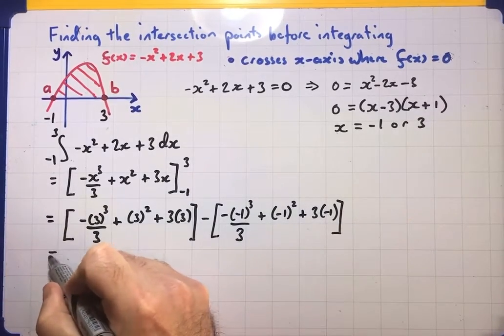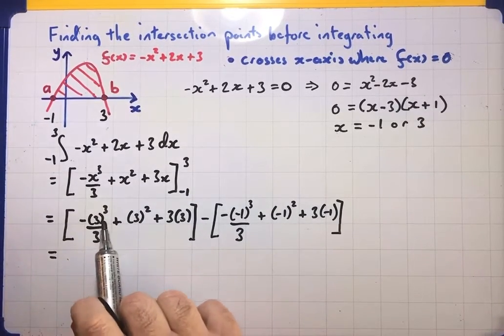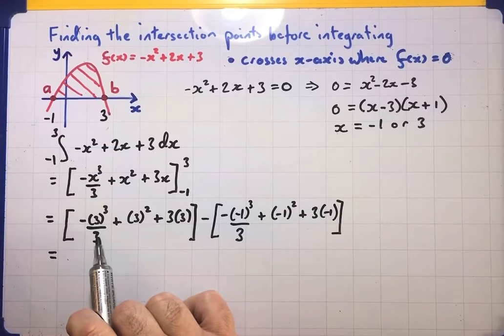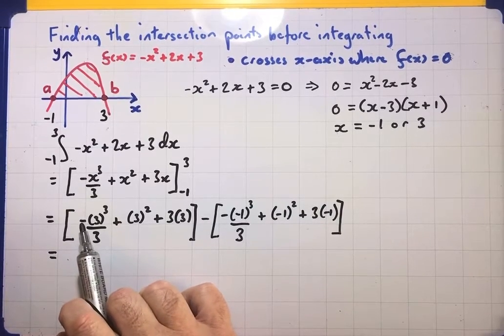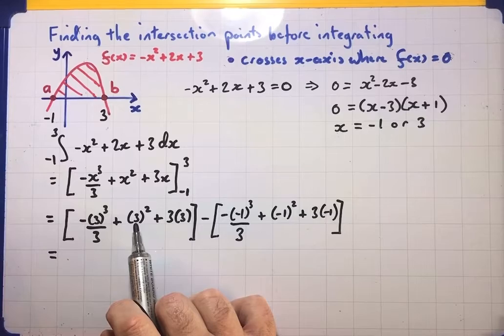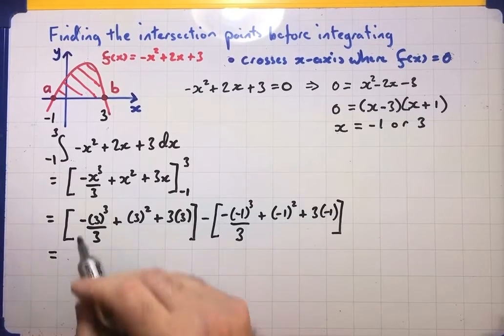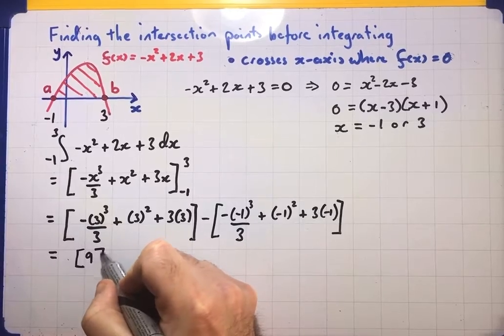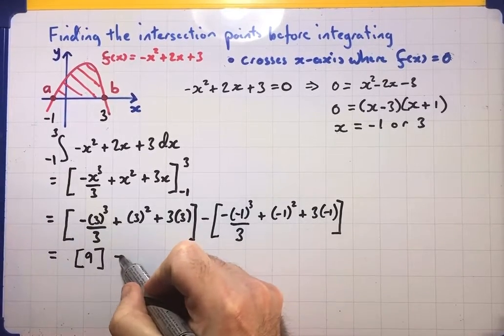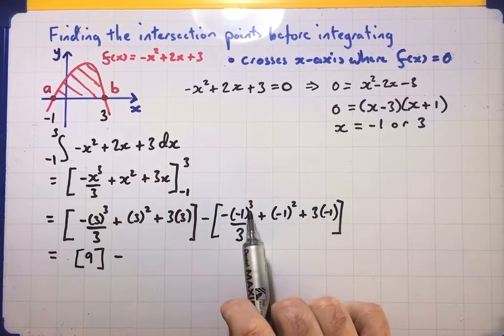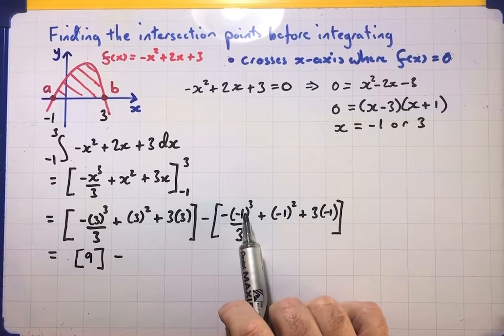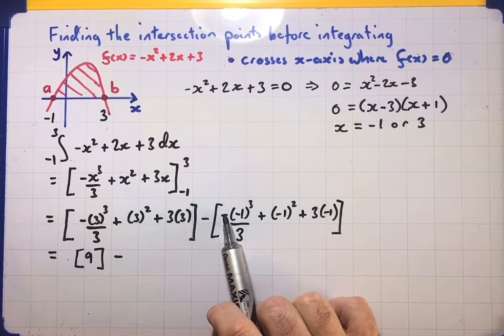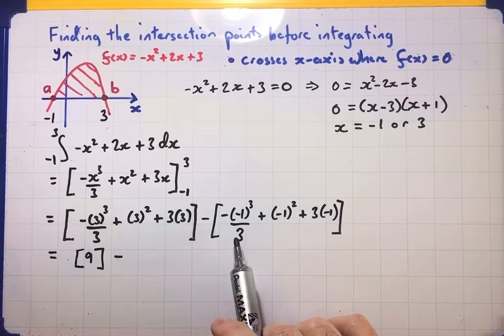Okay, so what we've got here, 27 divided by 3 is 9, so minus 9 plus 9 gives you 0, plus 3 times 3 is 9. So that bracket gives us 9. Now the other bracket, minus a third cubed is minus 1, but it's minus of that, so it's going to be 1/3.